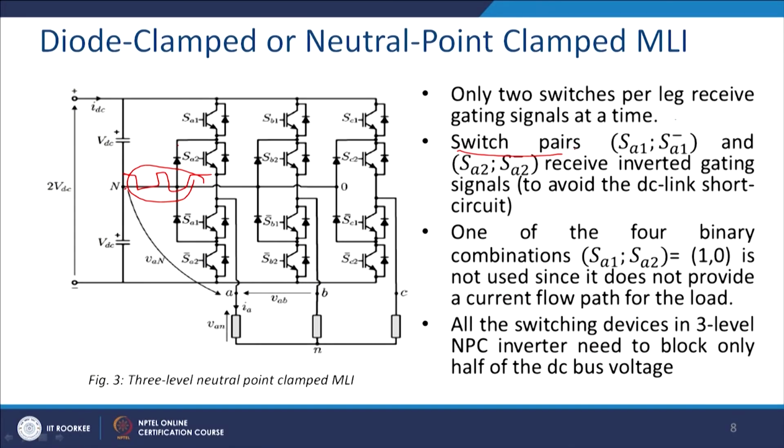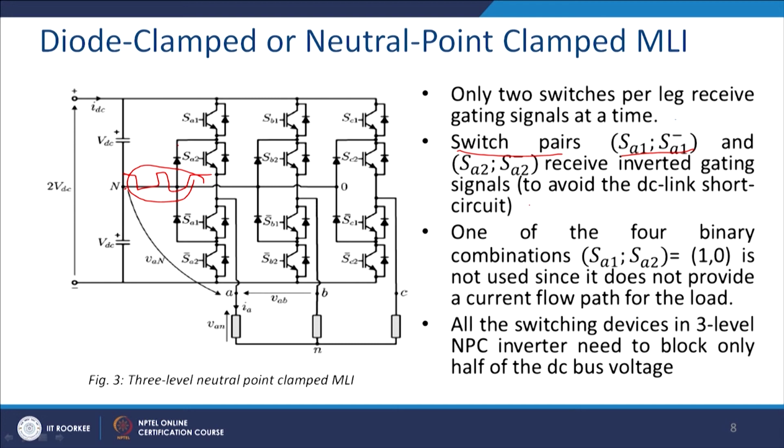Only 2 switches of the upper leg receive the signals to generate plus VDC, only 2 switches of the lower leg will get a signal for generating minus VDC. So, for this reason, switch pairs SA1 and SA2 receive the positive signals, and the other pair receives the inverted signal, to avoid the DC-link short circuit condition.